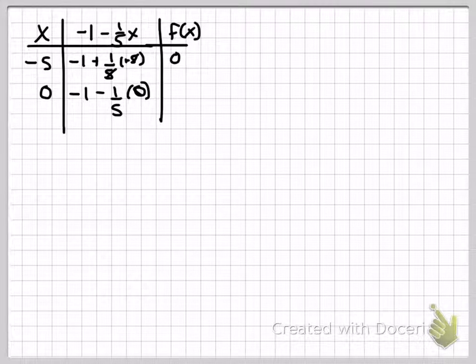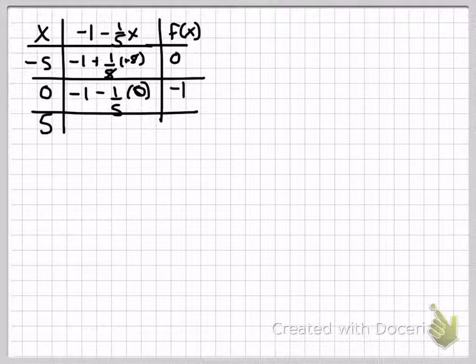Okay, this cancels out. I'm left with -1. Then the third one is -1 minus 1/5 times 5. Cancel, cancel. I'm left with -2.